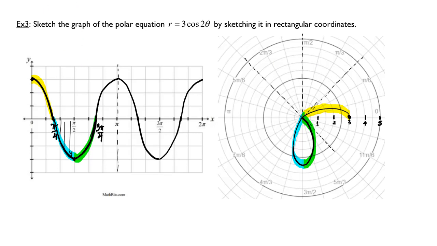Now my radius is positive, so I'm going to work on increasing all the way up to 3, and that's between 3 pi over 4 and pi. So I'm going to identify where 3 pi over 4 is and pi. This is an increasing portion, so it increases to 3.